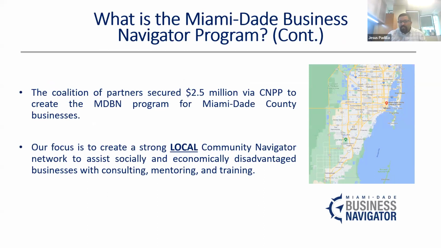This program is for businesses that are physically located here in Miami-Dade County, but if you're located in Palm Beach, Broward, or Monroe County, we'll be more than happy to assist you. But if your business is outside of the Quad County region, don't worry, send us an email. My email will be in the chat, and I'll be able to connect you with your local small business resource.